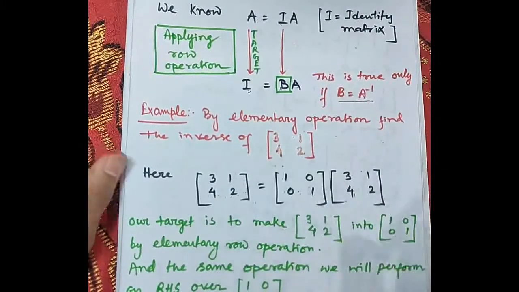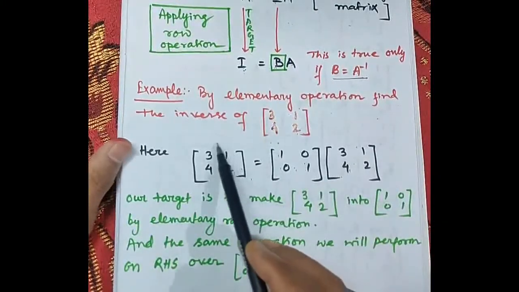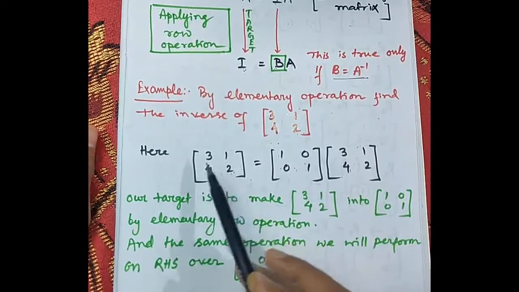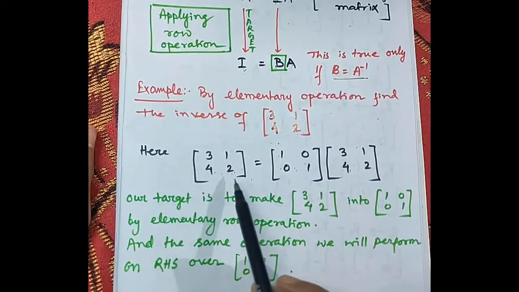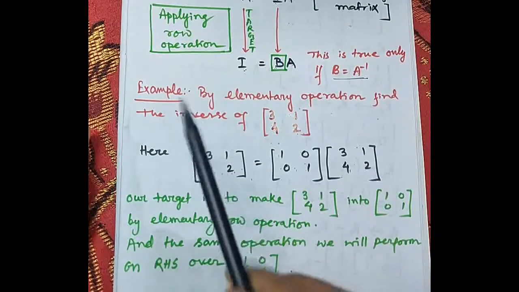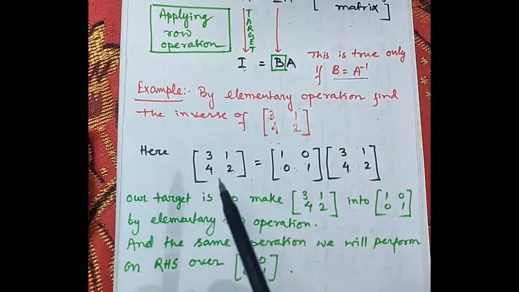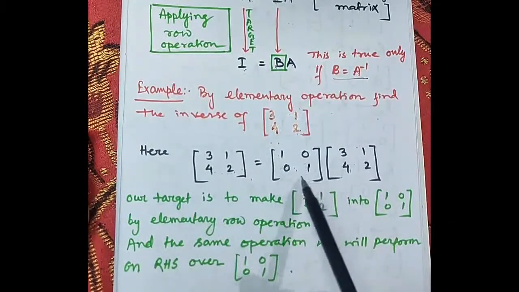Now what is our target? We have to find A inverse. So our target is to make this matrix into the identity matrix. That means on the left hand side we have to make 1, 0, 0, 1 by elementary row operation. And whatever operation we are applying over here, the same operation we have to apply over here also, in this matrix.